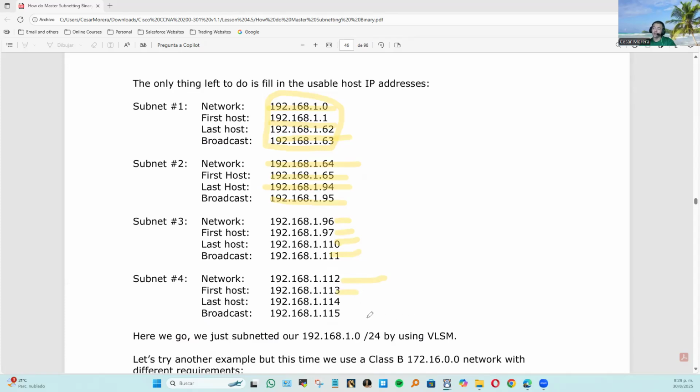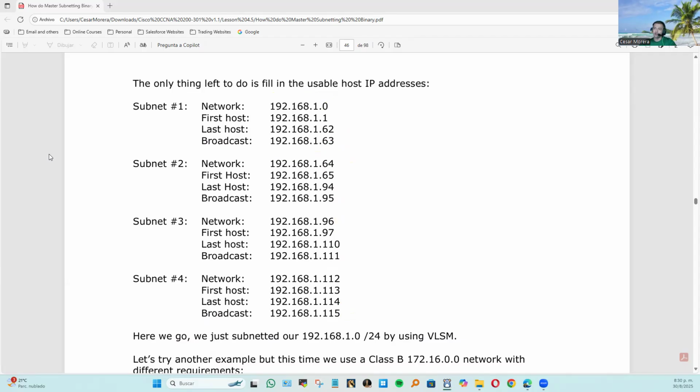Then we have the first usable IP address, the last usable IP address, and the broadcast. And there you go. You have in a very easy way with the VLSM and the magic number completed these four networks, and you are taking advantage of the free space. That is essential.